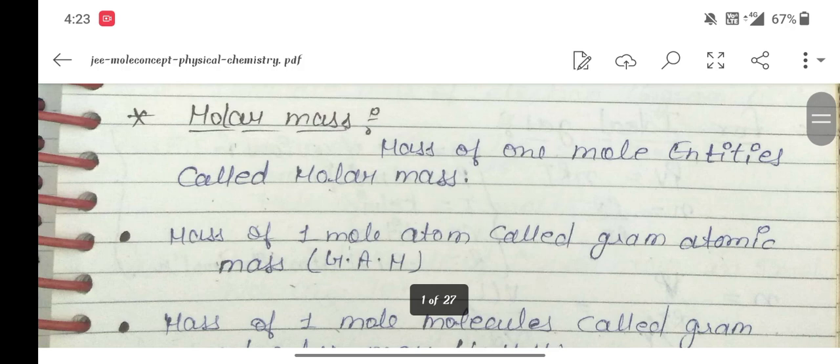After atomic mass or molecular mass, the next concept is molar mass. Molar mass is the mass of one mole of entities.